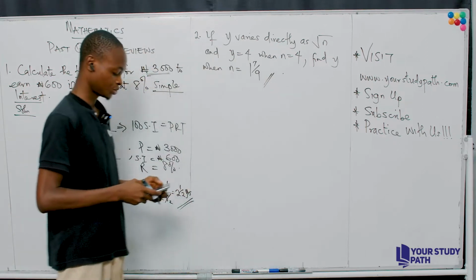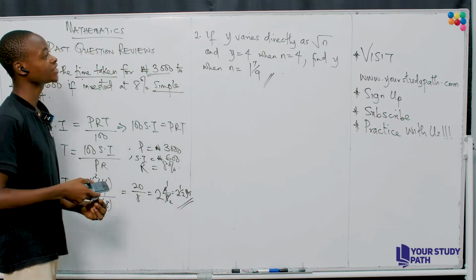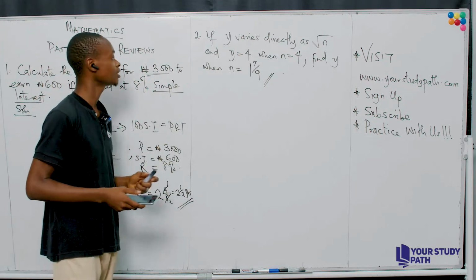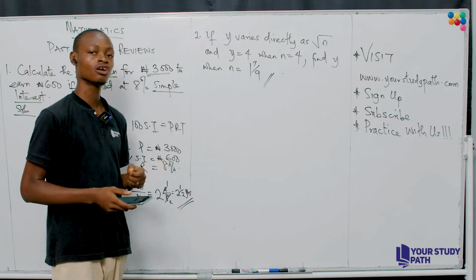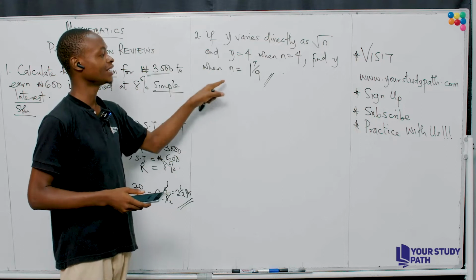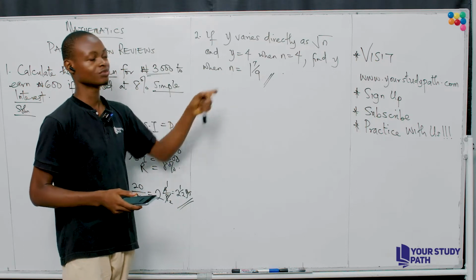Okay, so this is our question. If y varies directly as the root of n and y is equal to 4 when n is equal to 4, find y when n is equal to 1 whole number 7 over 9.